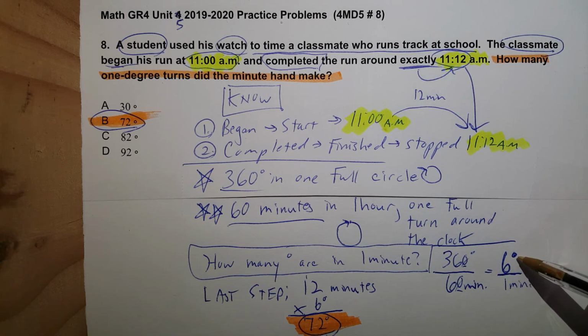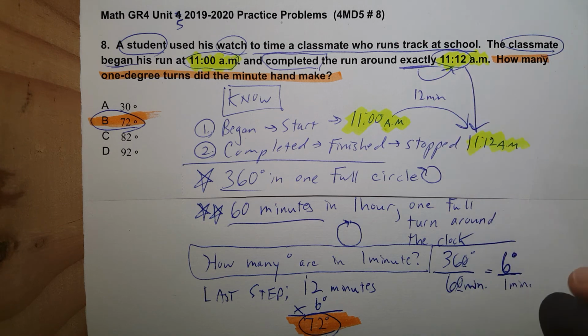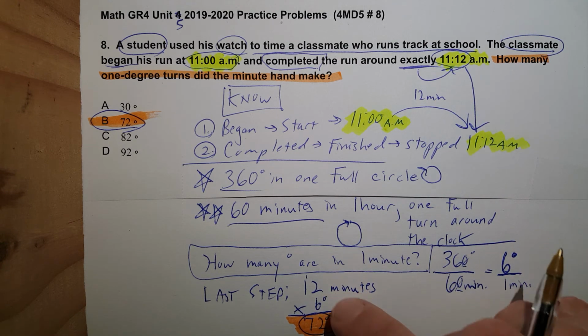Once I know that the runner ran 12 minutes and every minute is 6 degrees, I take the 12 minutes times 6 degrees to get 72 degrees. And there it is.